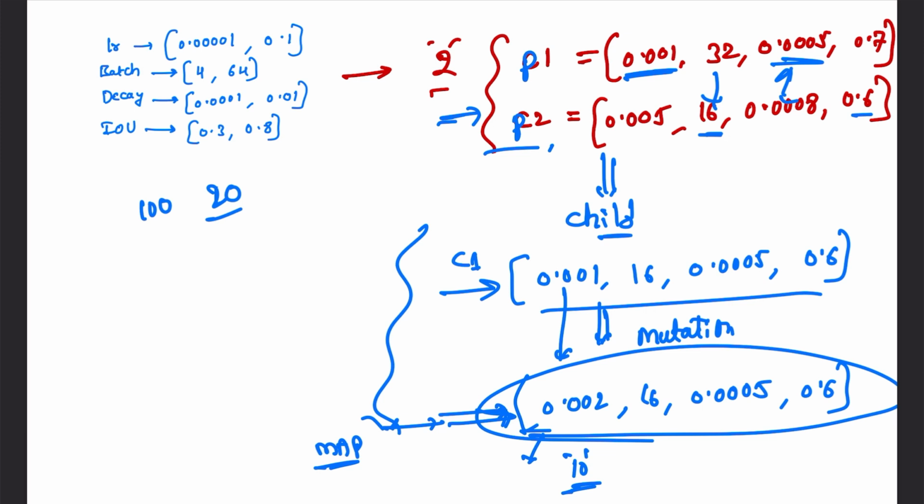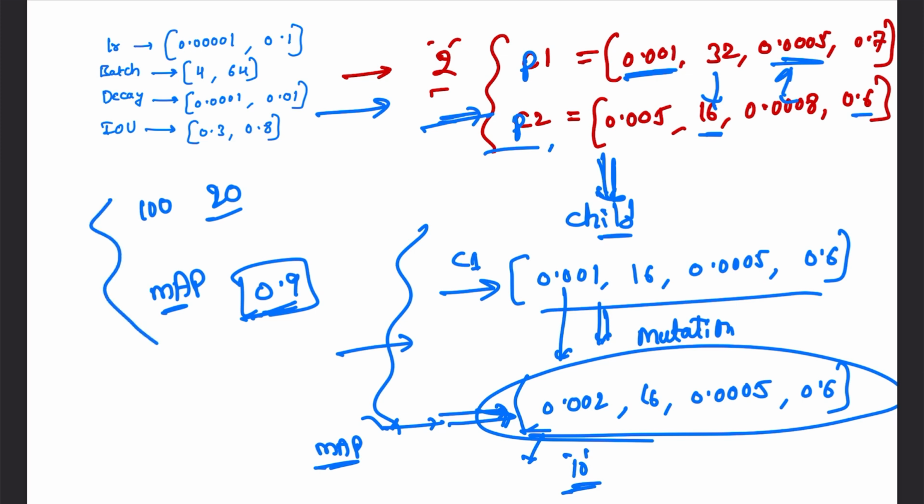Or I can decide what is the mAP value I want to reach. So till I reach that mAP value, I might continue this. Let's say I want to reach the mAP of 0.9. Till I reach 0.9 mAP, the whole process of randomly selecting, training, evaluating, selecting the top values, and creating a child from that continues till I reach either of these criteria.